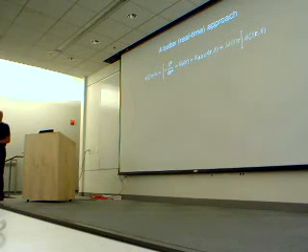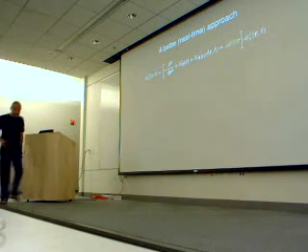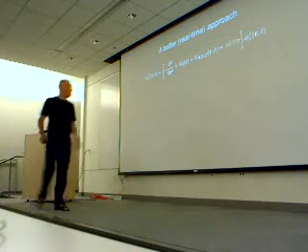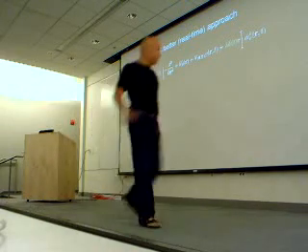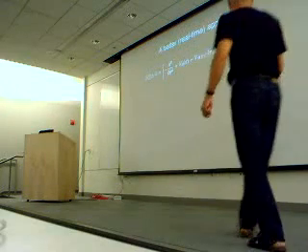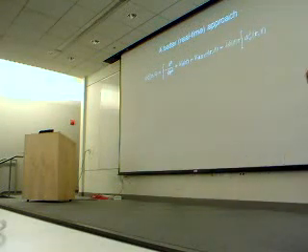So one possibility is to perturb the system instantaneously. You introduce a time-dependent spike in the system, a perturbation at t equal to 0.